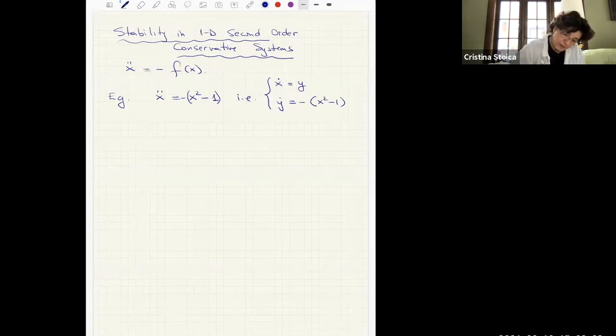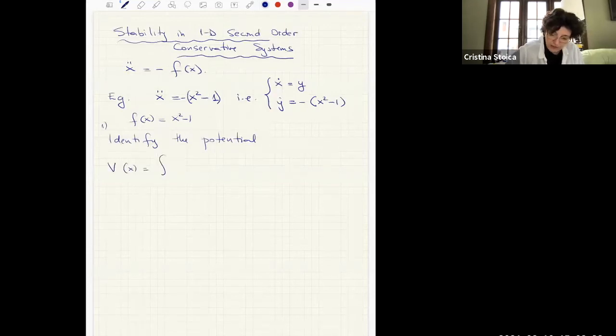Good. So now I'm going to identify that f of x is x squared minus 1, and I'm going to identify the potential. That's one thing to do if you want one. So what would be v of x? V of x, the potential up to a constant.